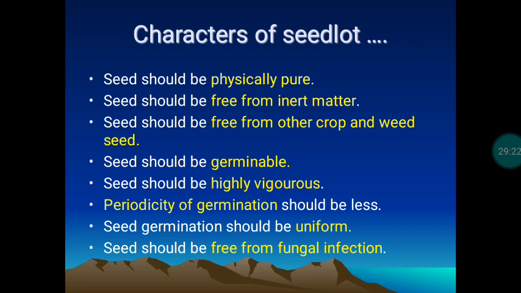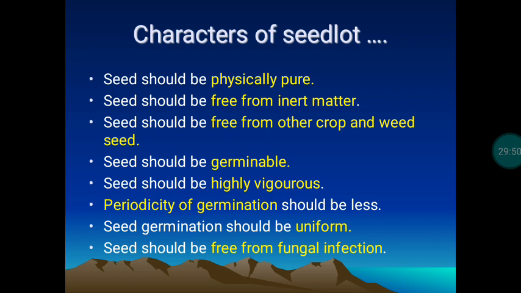The removal of inert material and other crop seed is normally known as cleaning. Other than the seed crop, whatever material is available in your harvested produce, we have to remove through the process of cleaning. After that, within your seed also a lot of variation is going to be there, because you are cultivating your seed crop in open field conditions, somewhat uncontrolled.